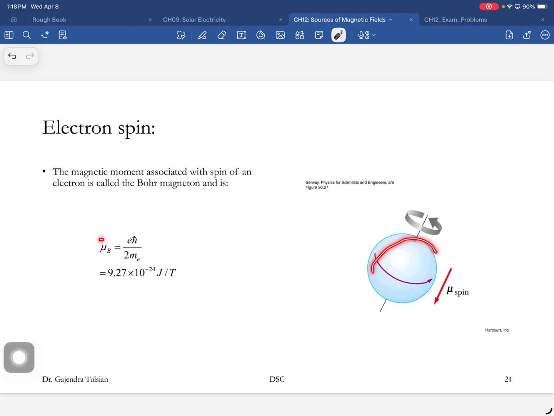And here's the strength of this magnet, of a spinning electron. This is called the Bohr magneton after Mr. Bohr. And the strength of this magnetic moment is 9.3 times 10 to the minus 24. The units are joules per Tesla.